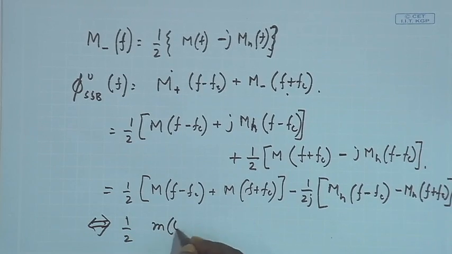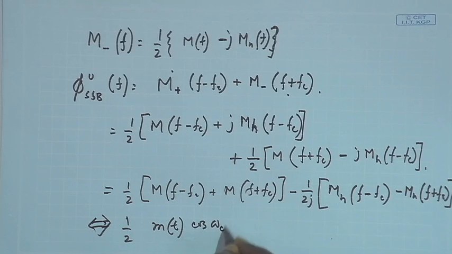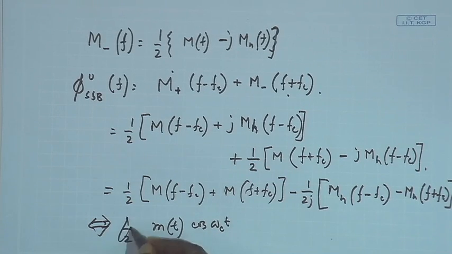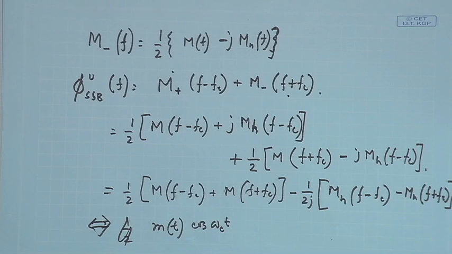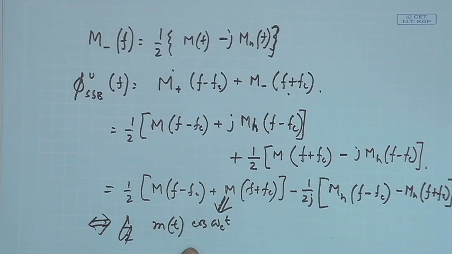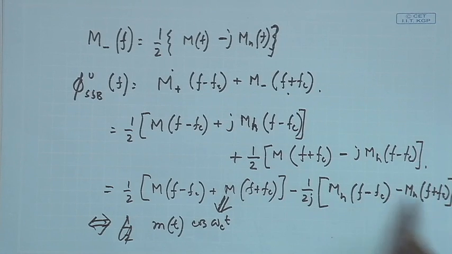So, if I just wish to now do a Fourier transform or inverse Fourier transform of this one, what do I get? This must be represented as m(t) cos omega_c t. Okay. Of course, that half term will be gone, because with half it will be this. Okay. So, m(t) cos omega_c t, this will be represented, and this particular term, that should be 1 by 2j is there, and this is just for the sinusoidal one.